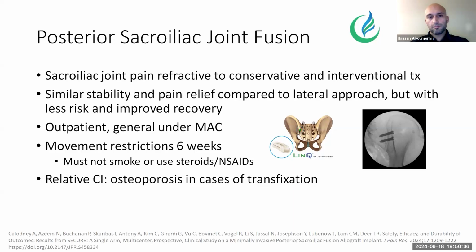With this posterior technique, where you're coming in from the back instead of from the side and placing an implant into the SI joint or bringing those two together with screws, then you get to avoid the risk of coming in laterally, the risk of bleeding, the risk of infection, and the long recovery that comes with that.